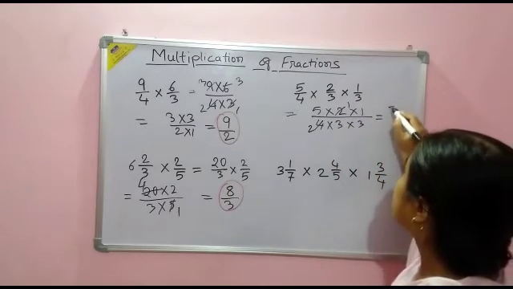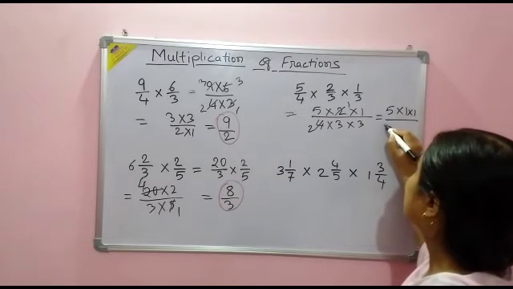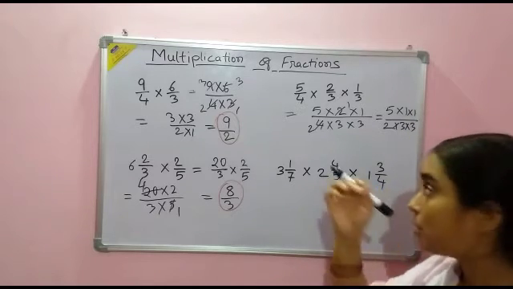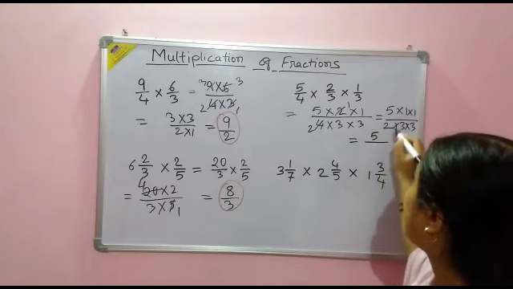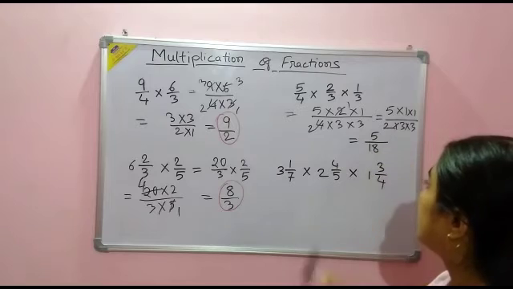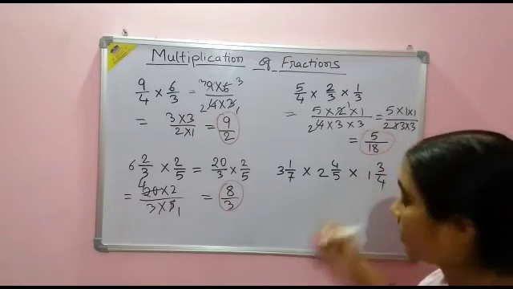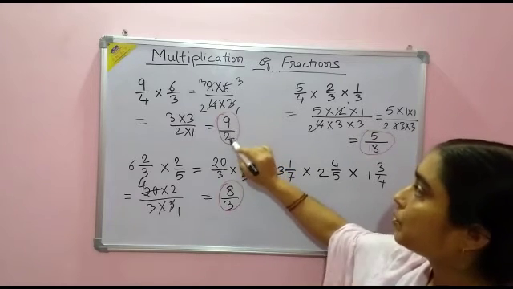So what we get is 5 into 1 by 2 into 3 into 3. Yes? Now multiply all the numbers. What do we get? The answer is 5 by, 3 2s are 6, 6 3s are 18.